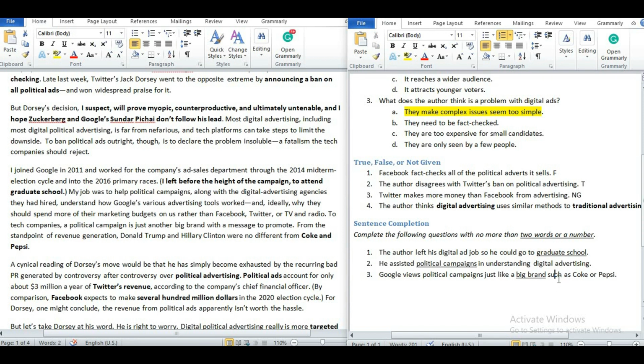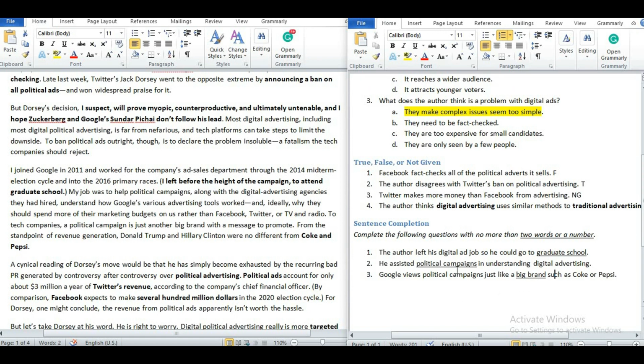So such as means an example of, so big brand, those are something that include Coke and Pepsi. If we look back, we can see then, to tech companies, a political campaign is just another big brand. So Google, which is a tech company, views means is, or to see as, political campaigns, we can see here, and big brand.